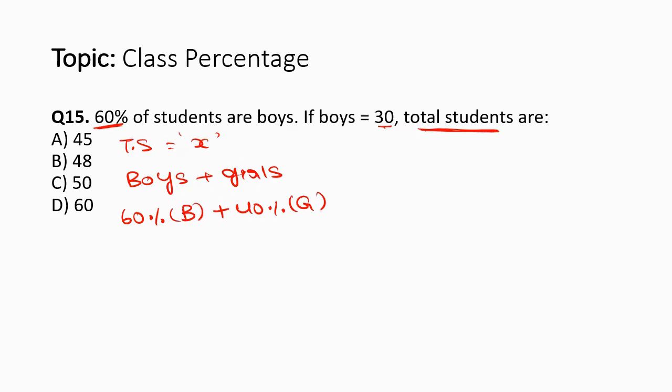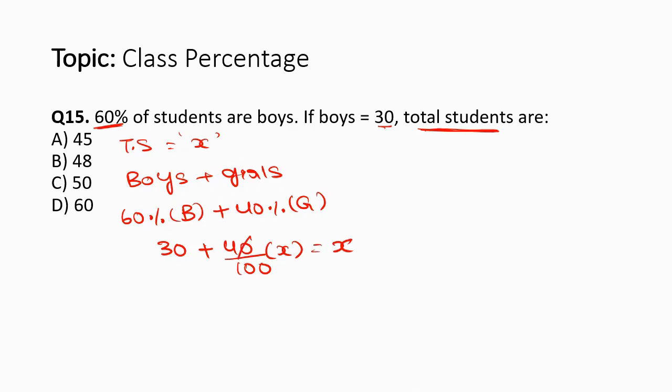Okay. 60% value we already know that boys equal 30 plus we don't know the girls value, so 40 percentage of total students are girls. Total students value we assume as X, so we just mention it as X is equal to total students, like 60% of boys plus 40% of girls equal to total students.